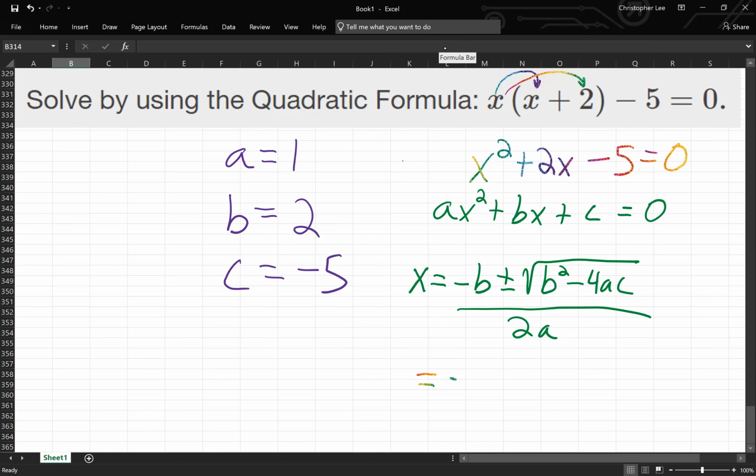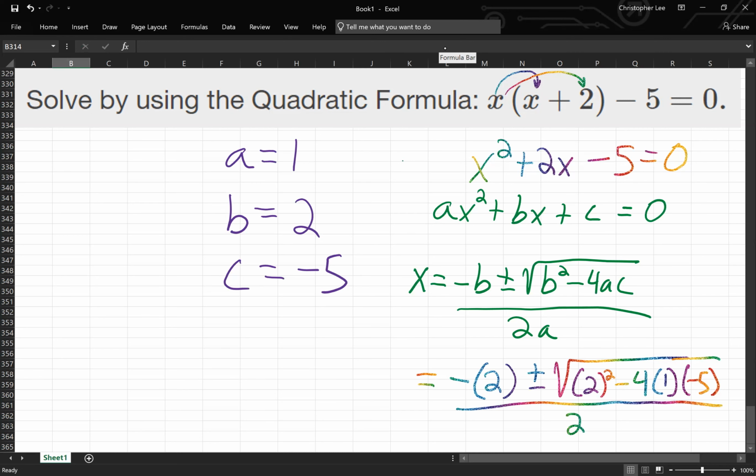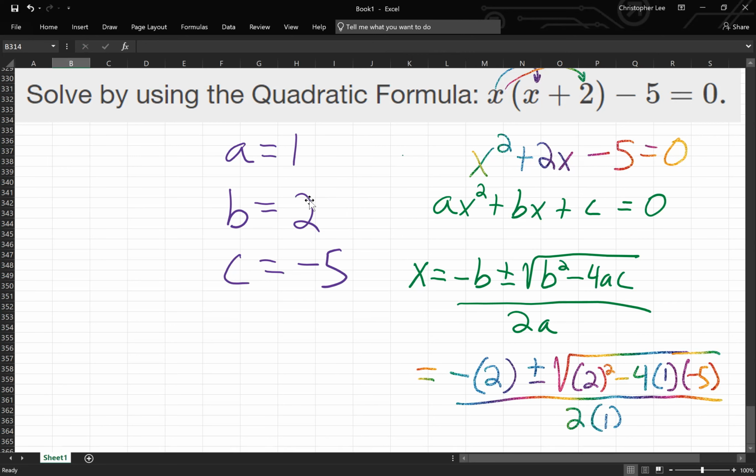So this is going to be equal to negative, and then what's b? 2, plus or minus the square root of 2 squared, very good, minus 4 times a, which is 1, times c, which is -5, all divided by 2 times a, which is 1. Let me just scroll down a little bit.